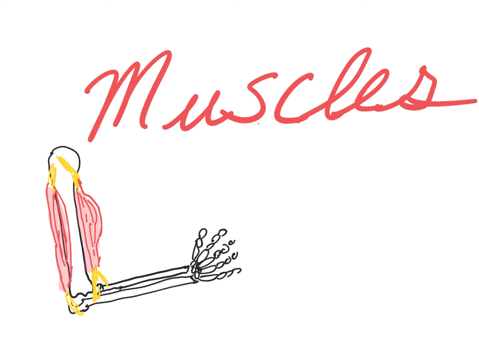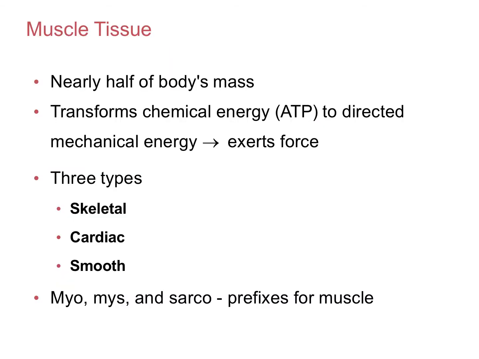Okay? So we start off here with muscle. Muscle tissue accounts for about half of your body mass. Okay? So a 200-pound man has about 100 pounds of muscle on his body. That includes all three muscle types. Okay?